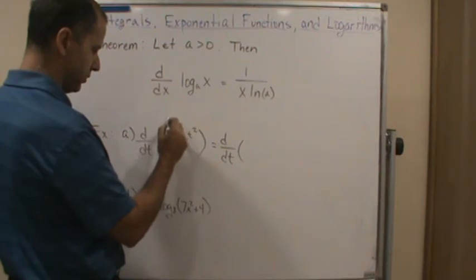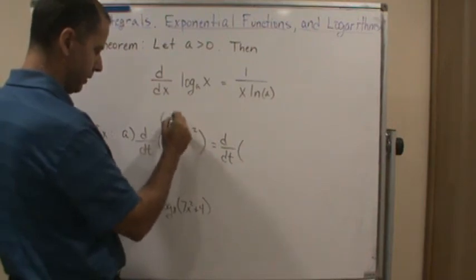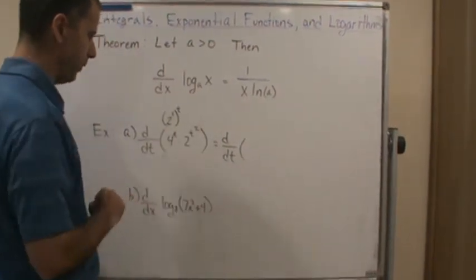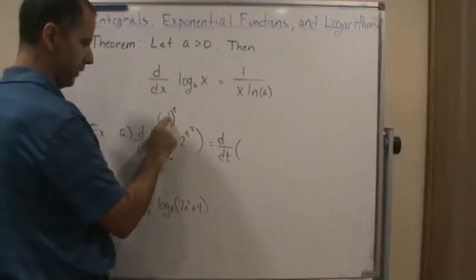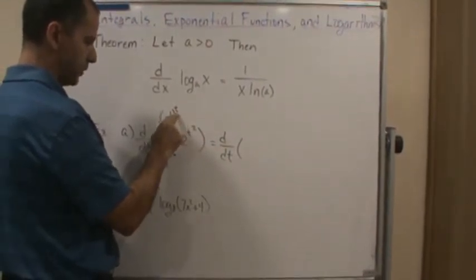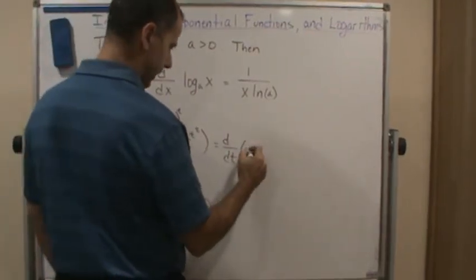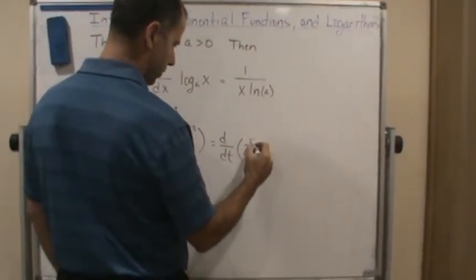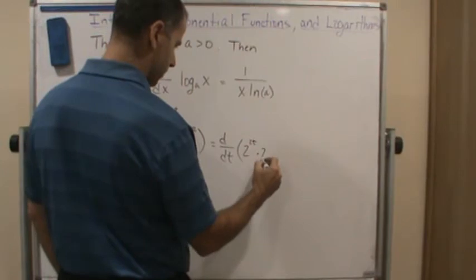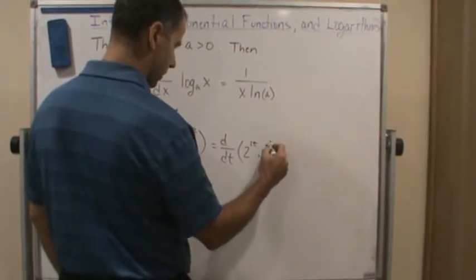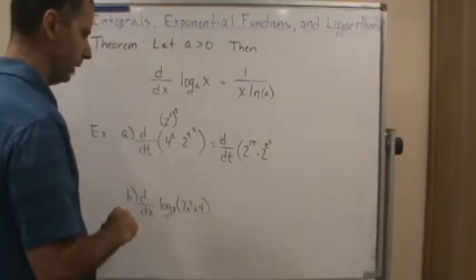So this can be written as 2 squared to the t power, and then we can use the properties of exponents to multiply these. So this is 2 to the 2t. Let's write that as 2 to the 2t times 2 to the t squared. Okay?